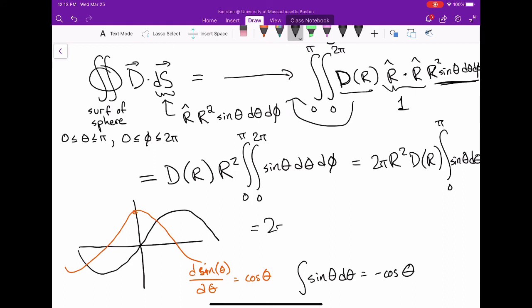So I've got 2 pi r squared, amplitude of my electric flux density, times minus cosine theta, evaluated from 0 to pi.